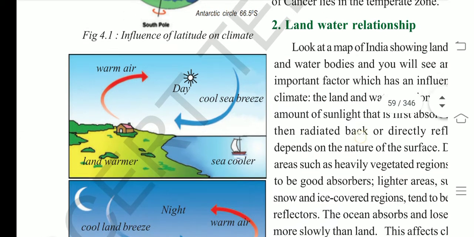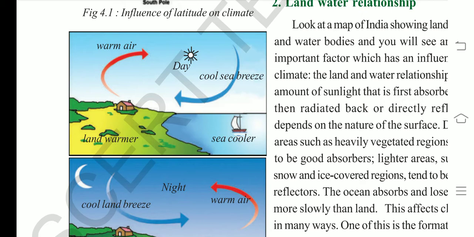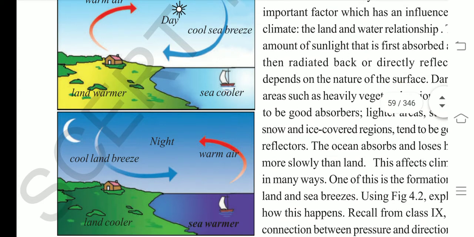The insolation absorbed by land and water bodies is different. The sunlight is absorbed first, then it is radiated back. Land absorbs heat very fast and becomes cool very fast, whereas water bodies absorb heat very slowly and become cool very slowly.